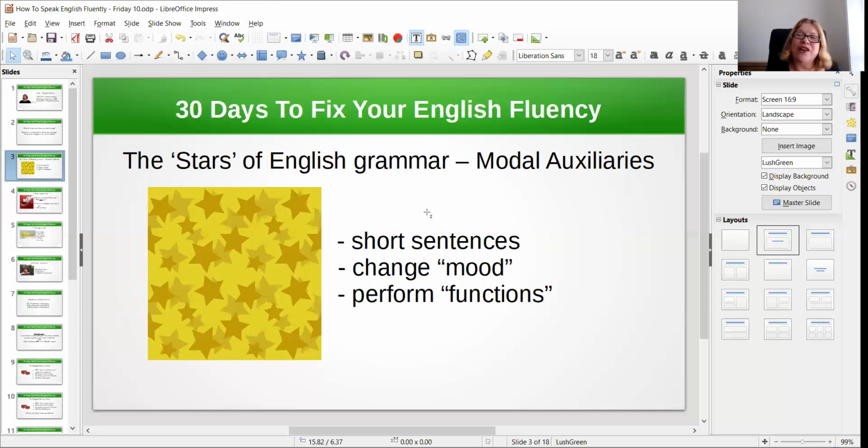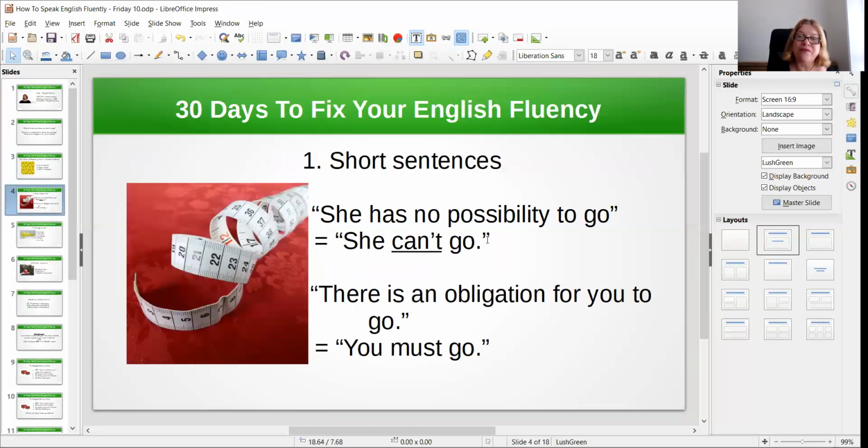So let's have a look at the first thing, how modals can make your sentences short. So let's go back to the sentences we had before. She has no possibility to go. 6 words. You can shorten this down to 3 words by using the modal can't.